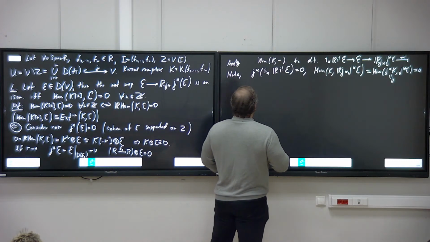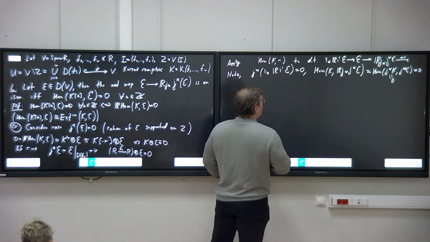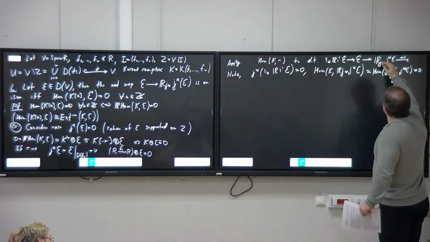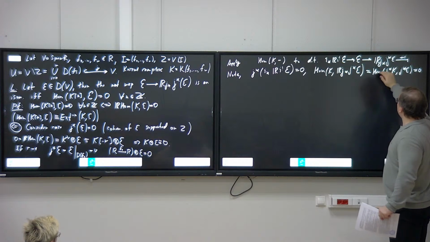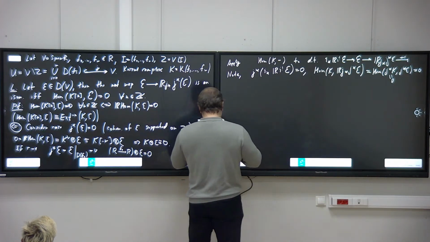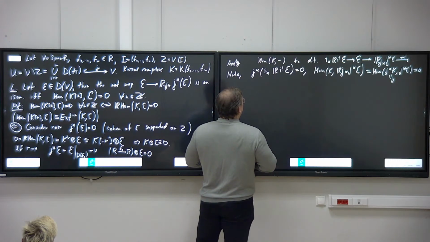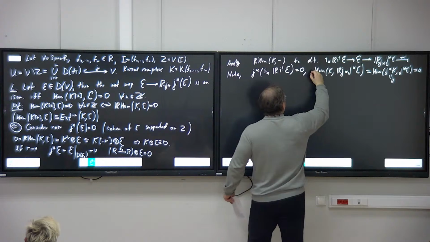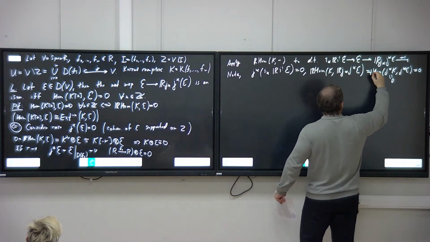When I apply the Hom from K, since the term here will be 0, what's left is just the identity, or maybe I want RHom, sorry, but it still works, right? So the adjunction works also for the derived functors.